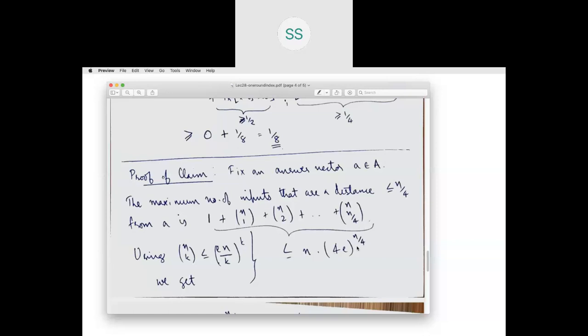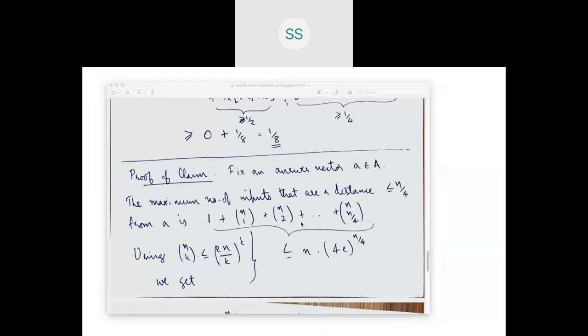Why? This is again our friend Stirling's approximation. In fact, it is a simpler, looser version of Stirling's approximation. It gives rise to this bound: n choose k is upper bounded by en divided by k whole power k.